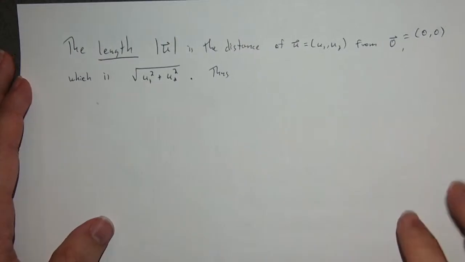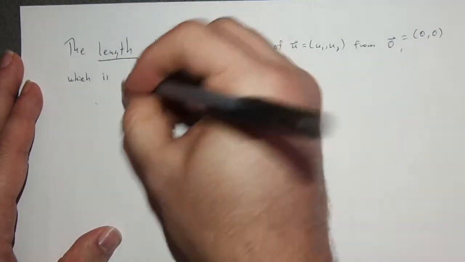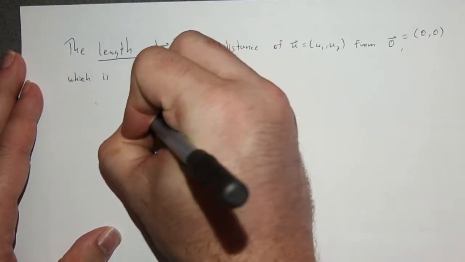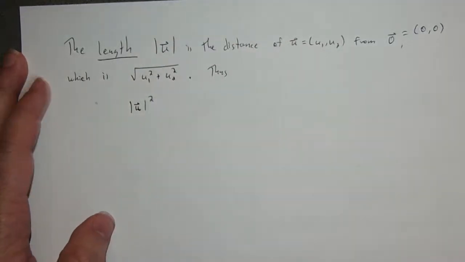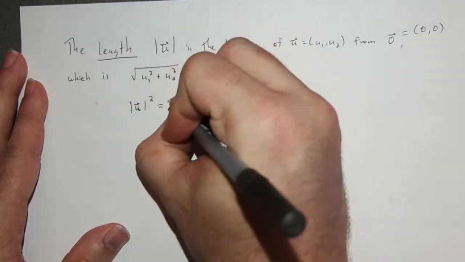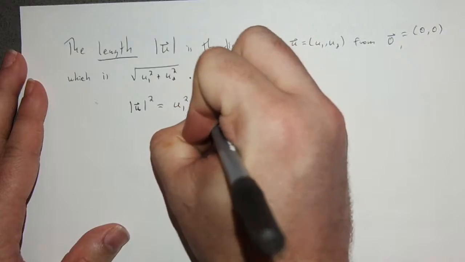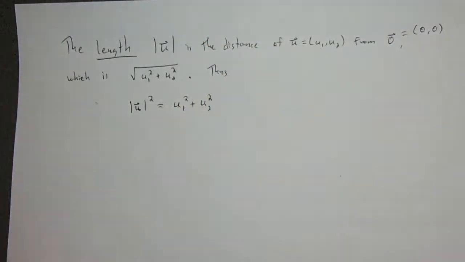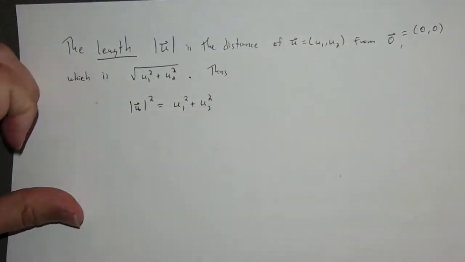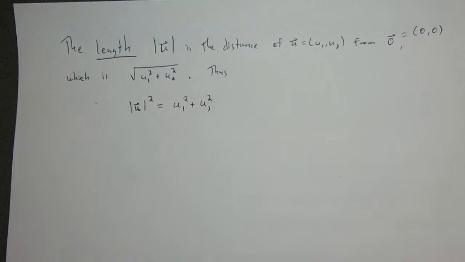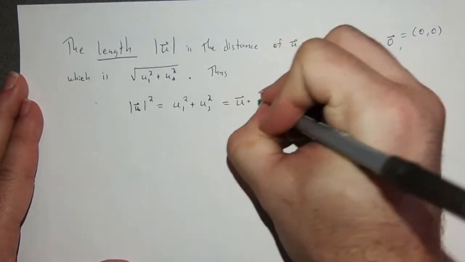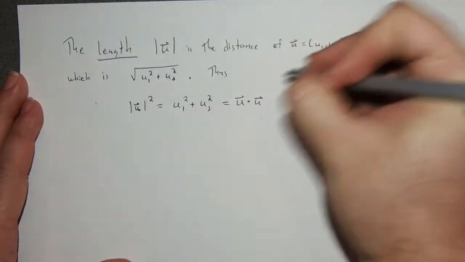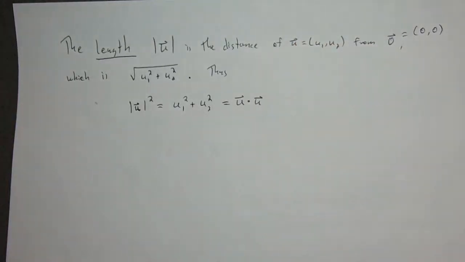Thus, if I look at the length of u squared, this is u sub 1 squared plus u sub 2 squared. It's just this quantity without the radical. But that's the vector u dotted with itself.